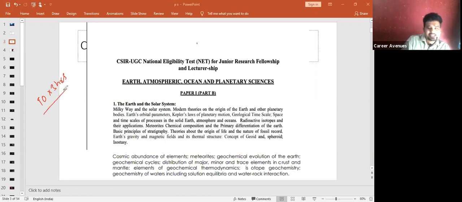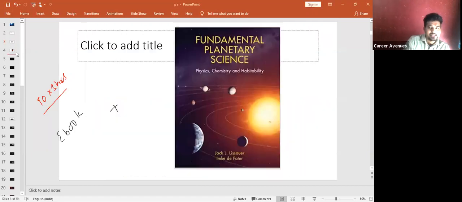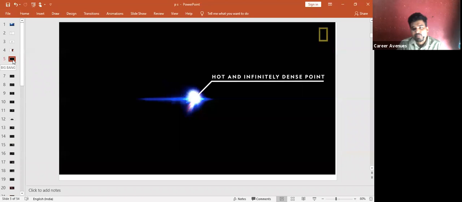Now let's start with the Big Bang, the origin of the universe. Before that, I will follow this book as well as my ebooks from University of California, Irvine, as well as some data from ISRO websites. So now let's discuss the Big Bang.